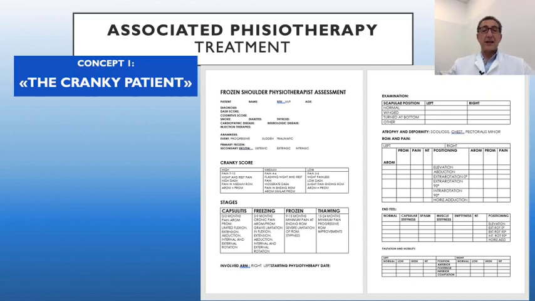So we realized the assessment, and in this assessment, as you can see here, we can understand what the physiotherapist feels during the session of physiotherapy, what he really realizes with the range of motion, and if he feels something different. At the beginning, as an orthopedic surgeon, I did not really realize what a crunchy score means. But crunchy is a sensation that he can feel during the therapy.